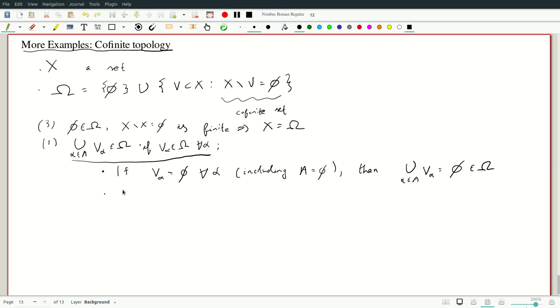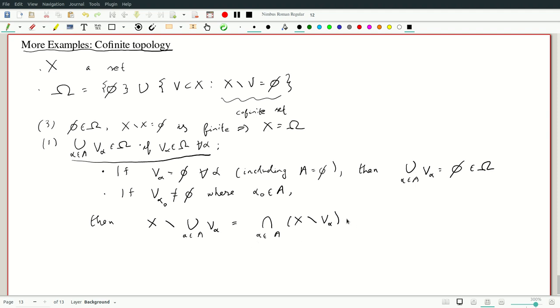Now, the opposite case is when at least for one alpha 0 belonging to A, V alpha 0 is non-empty. Then we claim that the union is cofinite. Well, that's because if I look at X minus the union of alpha in A of V alpha, this, remember, is the intersection over alpha in A of X minus V alpha.